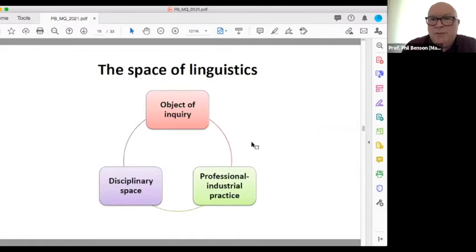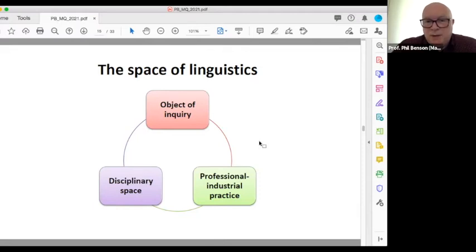I want to talk briefly about what I understand as the space of linguistics. We might think of linguistics as, say, the study of language. That would be the broadest definition of linguistics, I guess, that we could come up with. And then we would think about linguistics as being organized around this idea of language, that it's the sort of discipline that takes language as its object of inquiry.